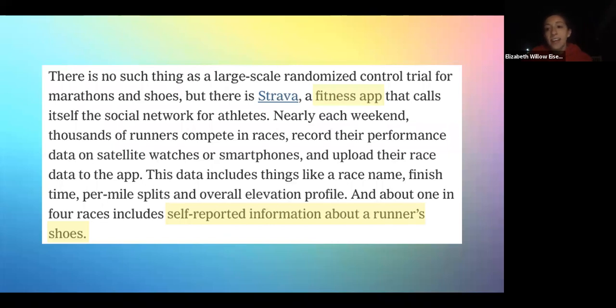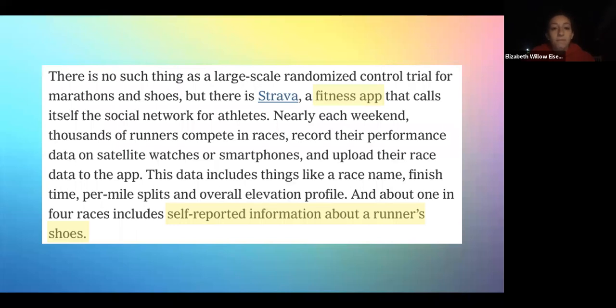So of course, there was no such thing as doing a large scale randomized controlled trial, which means basically this is not an experimental study, it's observational. So we can't make any definitive causal conclusions, but we can still construct confidence intervals and that kind of thing.